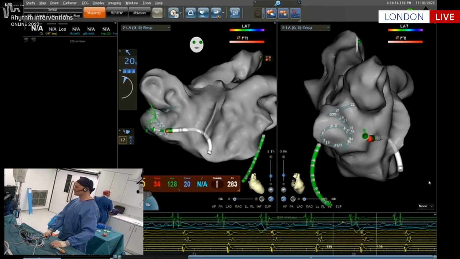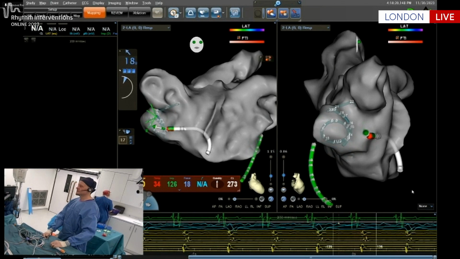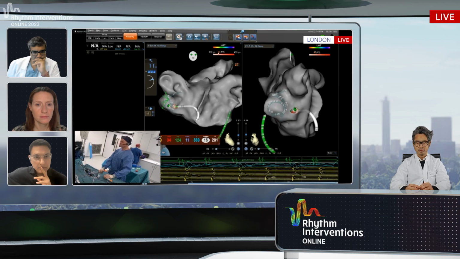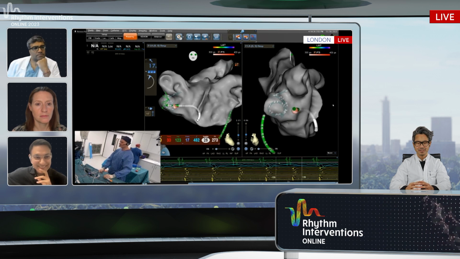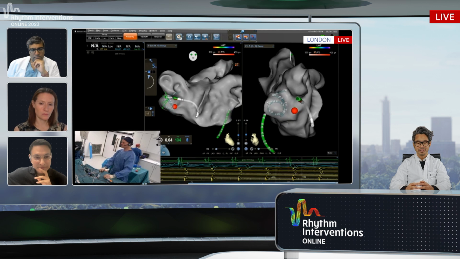FTI 3 to 400, please, on the Carto. Lovely. So I'm using FTI 3 to 400 because I'm not convinced I understand the ablation index and what it means. I've just been using force time integral for many years, and I just keep the power 30 on the back wall and 40 on the front wall.